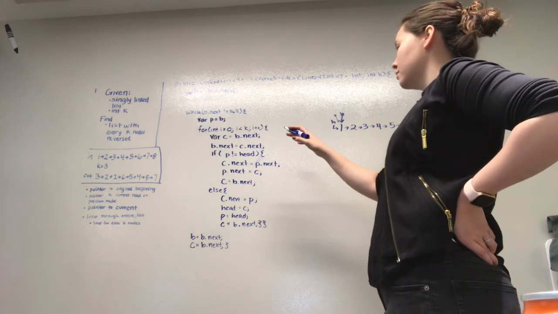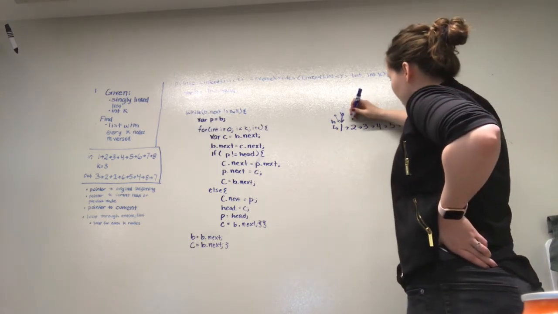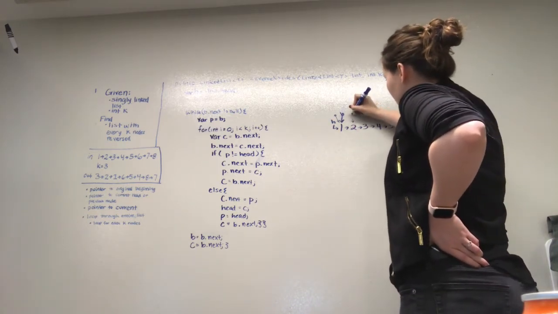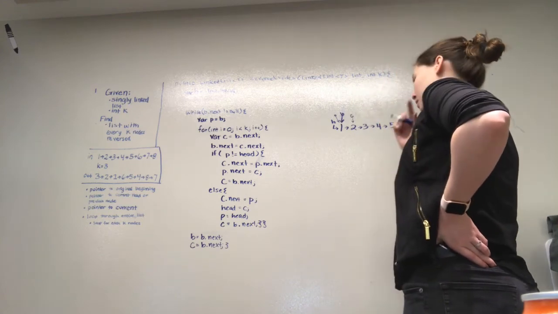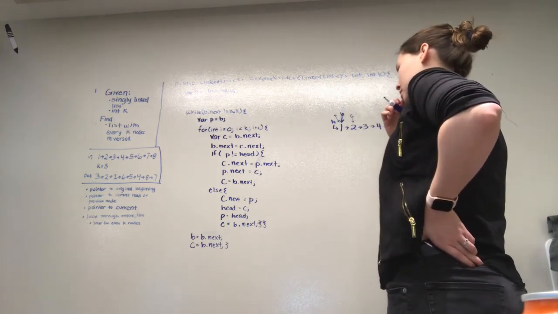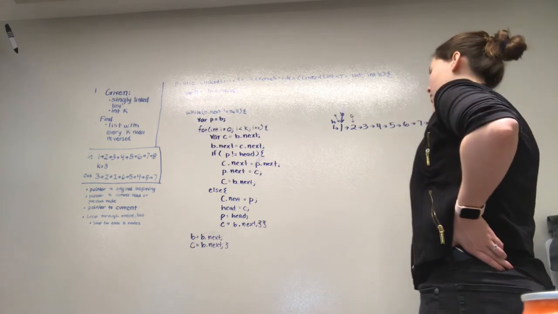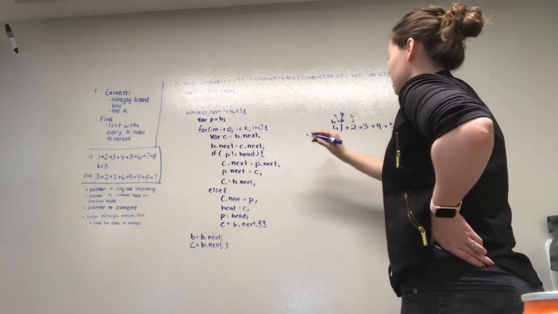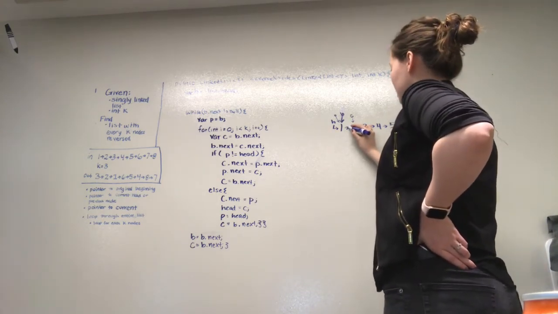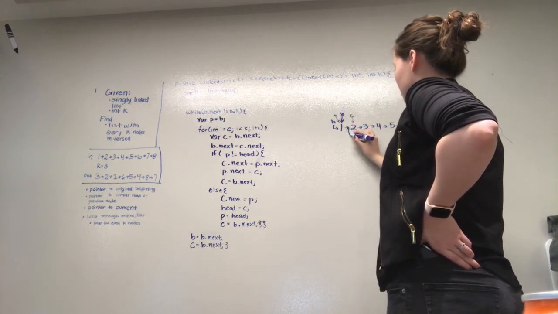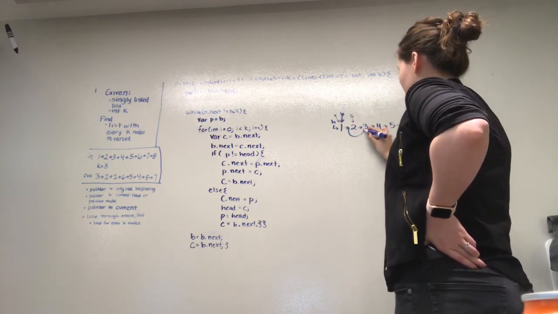So var c is equal to b dot next. So here's c. Now we're going to start the reversing process. So b dot next is equal to c dot next, so we're going to move this here.